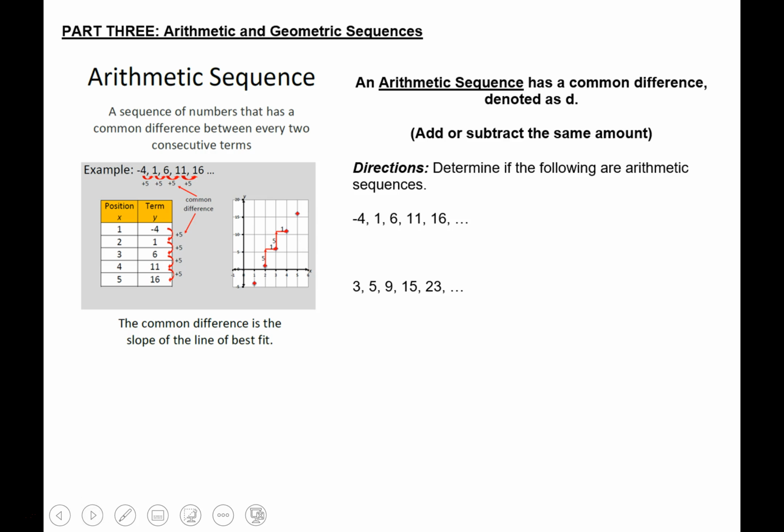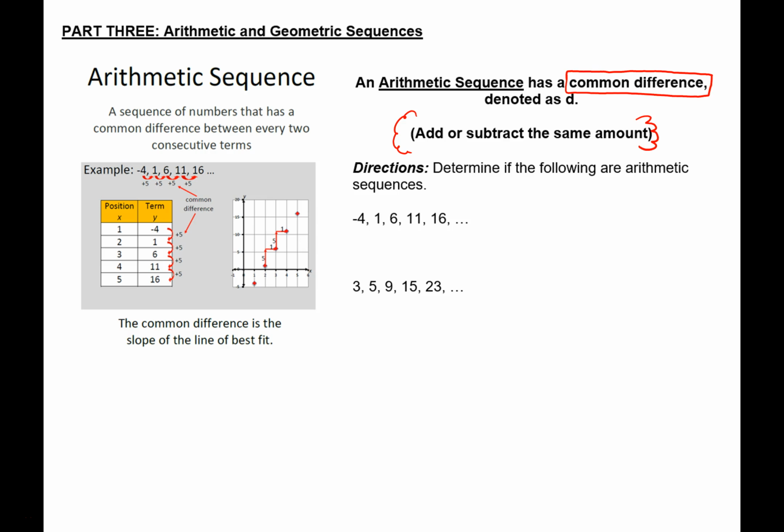Okay, so the next thing that we need to talk about, the next type of sequence, is that we are going to talk about 2 different special patterns, arithmetic sequences and geometric sequences. An arithmetic sequence is one that has what's called a common difference. And all that means is that you are going to be adding or subtracting the same amount every time to get the next number in the list.